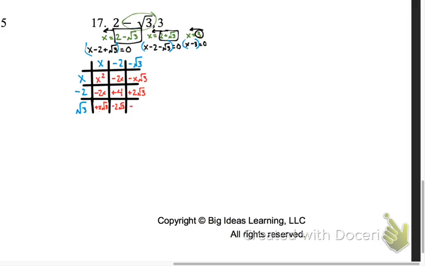A negative square root of 9, which is what? 3. Now, what do you notice that's going to happen right here and right here? They're going to cancel. What do you notice is going to happen right here and right here? It's going to cancel. Okay?